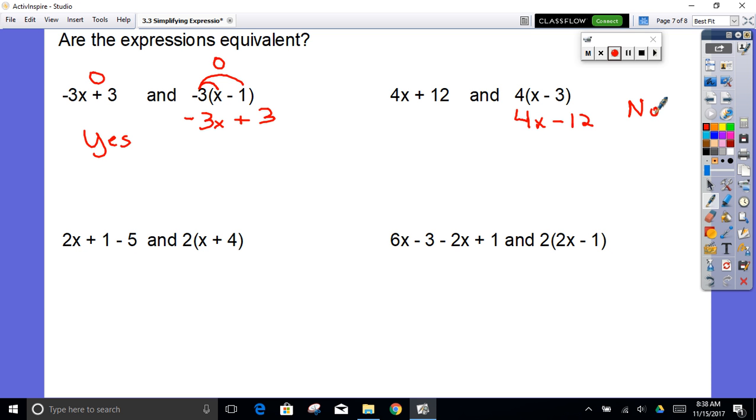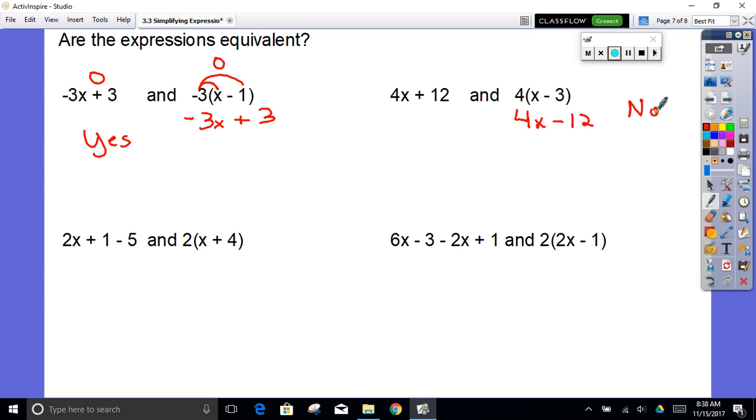Okay, next one over here. Braden, are these expressions equivalent? No. Why not? Because the first problem you get negative 2, and the second problem you get 10. Okay, what were you doing to get those? Did you substitute a 1 for x and that's how you figured it out? No, I just used 2x.